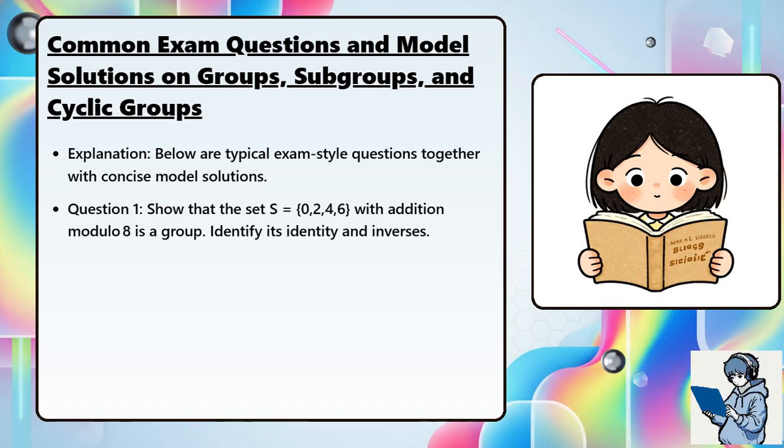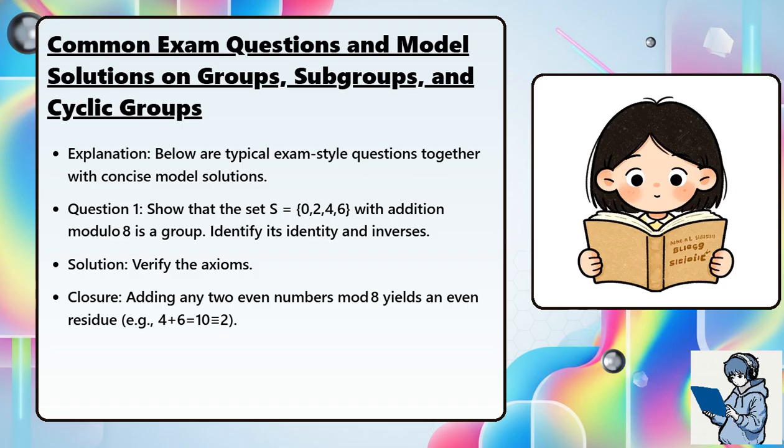Question 1. Show that the set S = {0, 2, 4, 6} with addition modulo 8 is a group. Identify its identity and inverses. Solution: verify the axioms. Closure: adding any two even numbers modulo 8 yields an even residue, for example 4 + 6 = 10 ≡ 2. Associativity: inherited from integer addition.